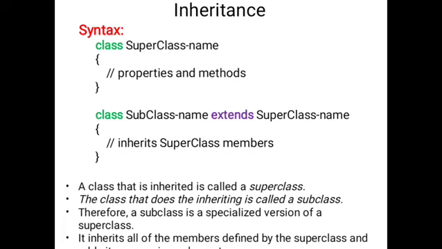The superclass name means the parent, class A, and it is divided into the child class, subclass part B. The class that is inherited is called the superclass. The class that inherits is called a subclass. Therefore, a subclass specifies a version of the superclass.